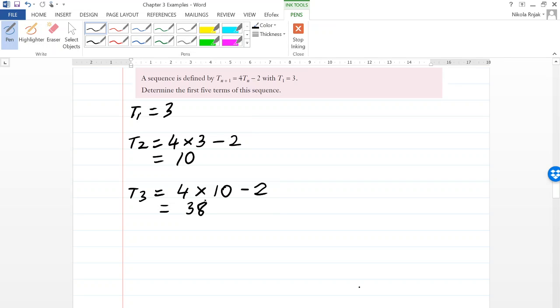To find term 4, that's equal to 4 times the previous term, which is 38, take 2. So this gets us 150.